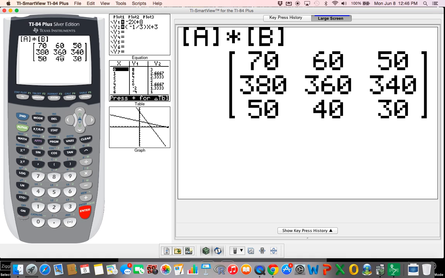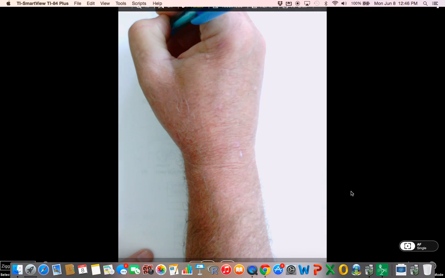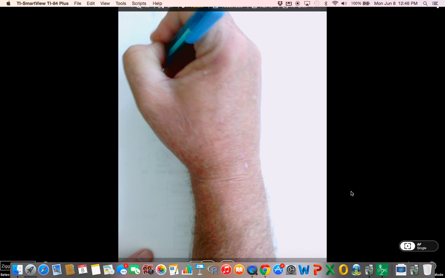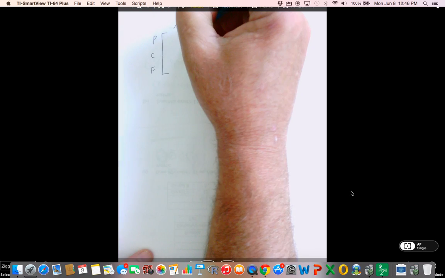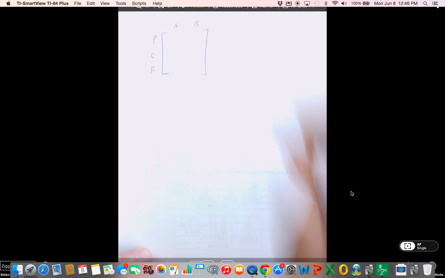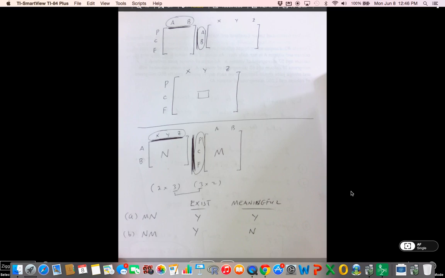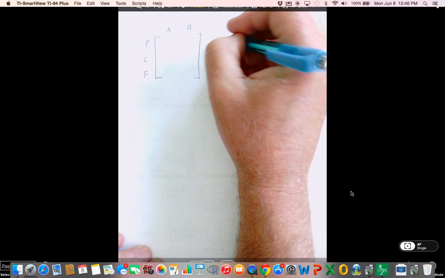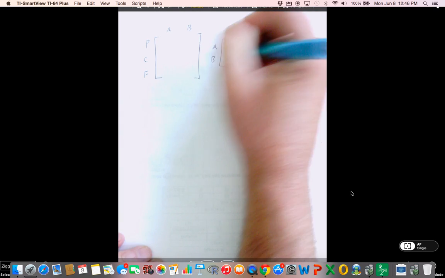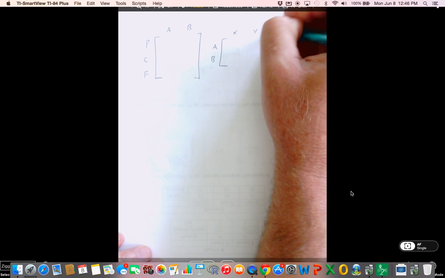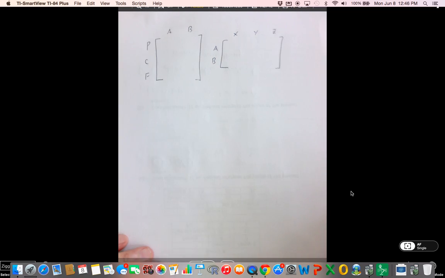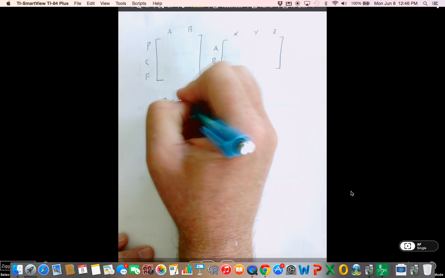one more time, all right, I'm going to be redundant here because this is harder stuff, okay? When we put our first matrix, we had protein, carb, fats for cereal A and B, and then matrix N, we had cereals A and B, but we had this mixture X, Y, and Z. We have a 3 by 2.